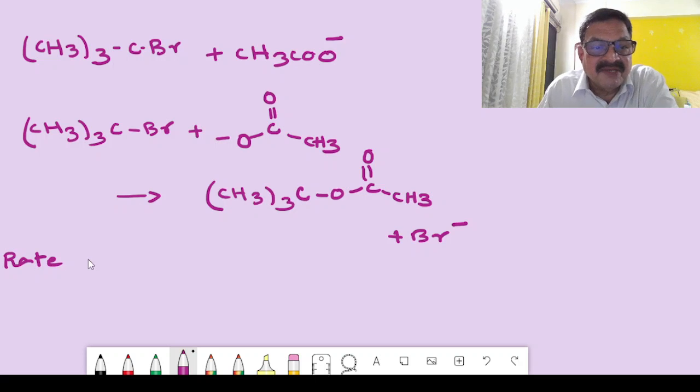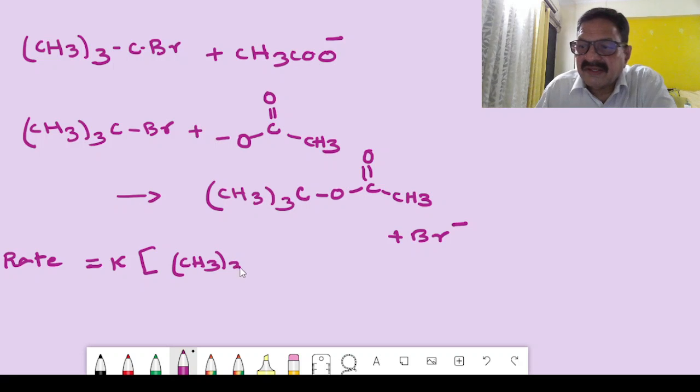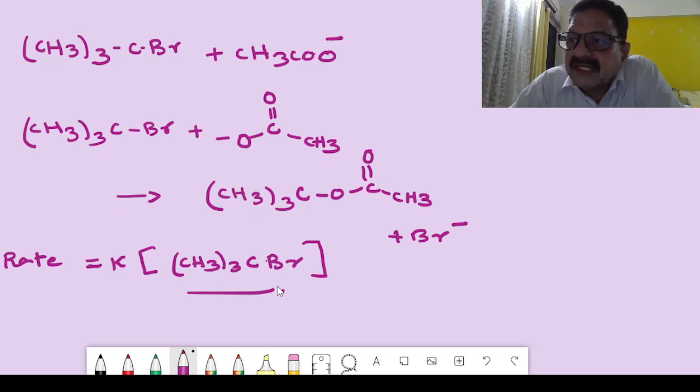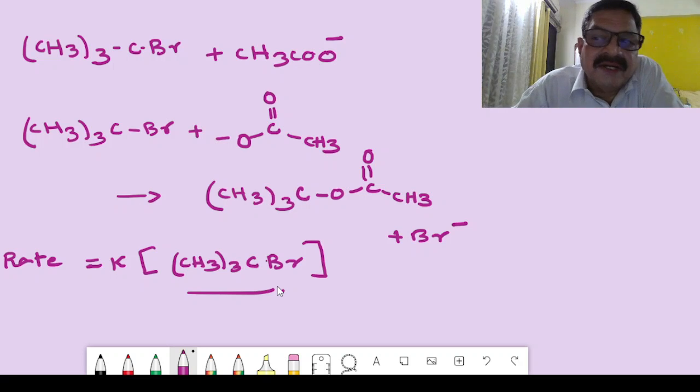From the kinetic data we have seen the rate of the reaction is equal to the concentration of this alkyl halide only. Okay, kinetic data shows the reaction rate depends upon the concentration of only one reactant, that is the alkyl halide.